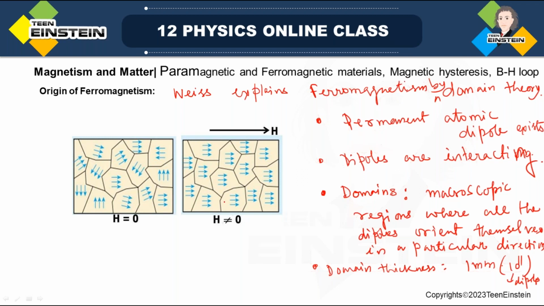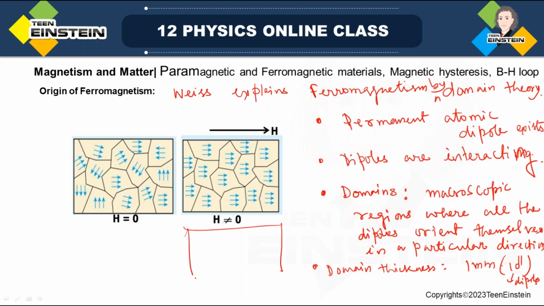But as soon as you apply a magnetic field, the domains will try to orient themselves towards the field direction. This first domain will rotate, and then domain walls will get, finally, I think this figure is not very scientific.